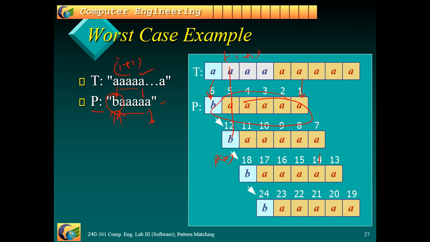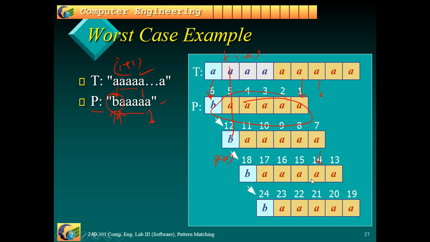Again, you start from the last character of your pattern with the corresponding position of your text. There is a match, and there is a mismatch at the end. So again, you fall under case three, so you shift the entire pattern to the right in order to align p of zero with t of i plus one. That way you do it.